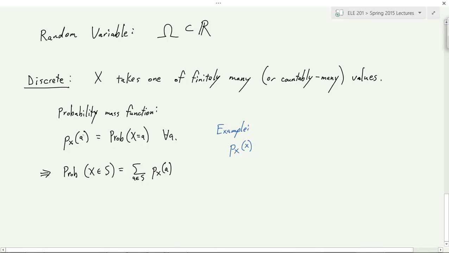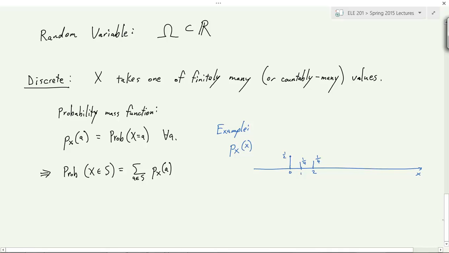Okay. But the idea is, suppose this graph shows a particular probability mass function. It's got a value of a half, a quarter, a quarter.